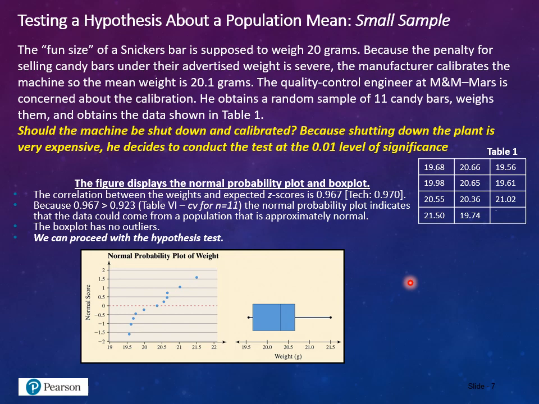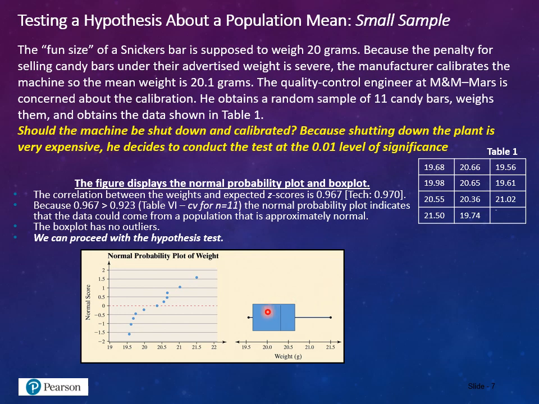If you use a technology solution, you get 0.970. Because 0.967 is greater than 0.923, this is table 6, the critical value for n equals 11, the normal probability plot indicates that the data could come from a population that is approximately normal.